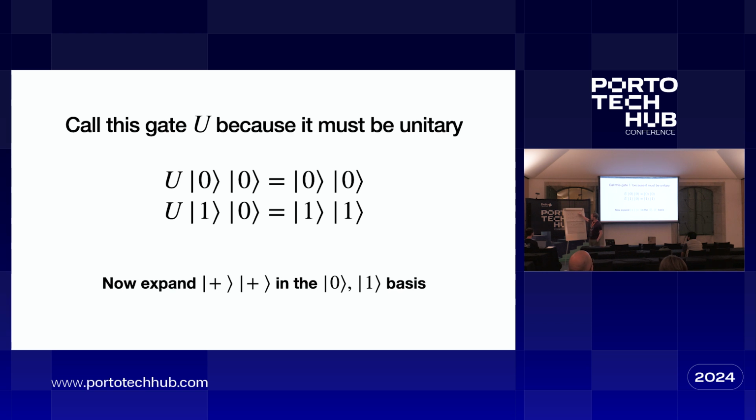But we also need that this equals |+,+>. Right? So I'm computing the same value in two different ways.